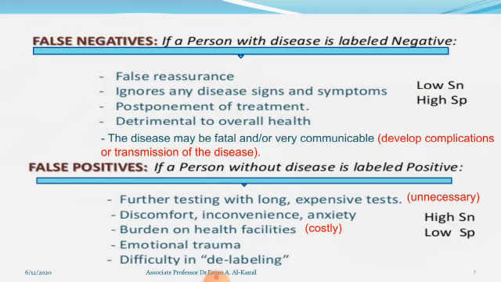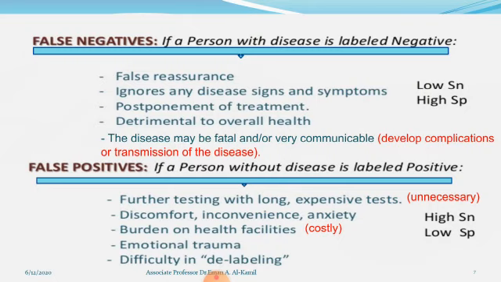We cause psychological trauma or anxiety by labeling him as diseased when he actually has no disease. Also, there is a burden on health facilities. So it is costly for the health facilities and for the patient, with emotional trauma as well.